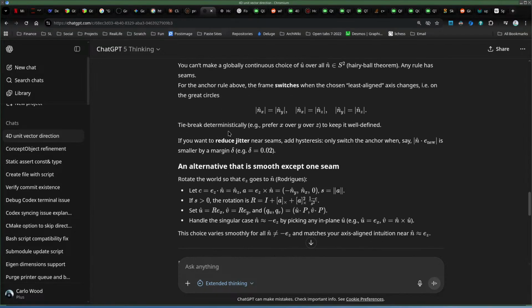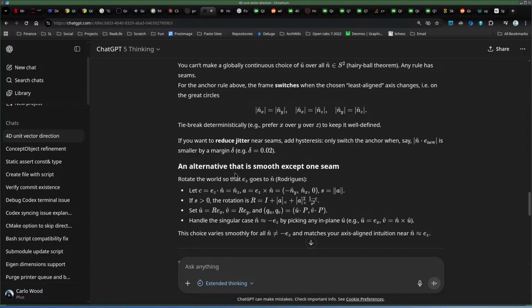Ties break deterministically: prefer x over y, and y over z, to keep it well defined. If you want to reduce jitter near seams, add hysteresis. Only switch the anchor when, say, nu is smaller by a margin of delta equals 0.02.